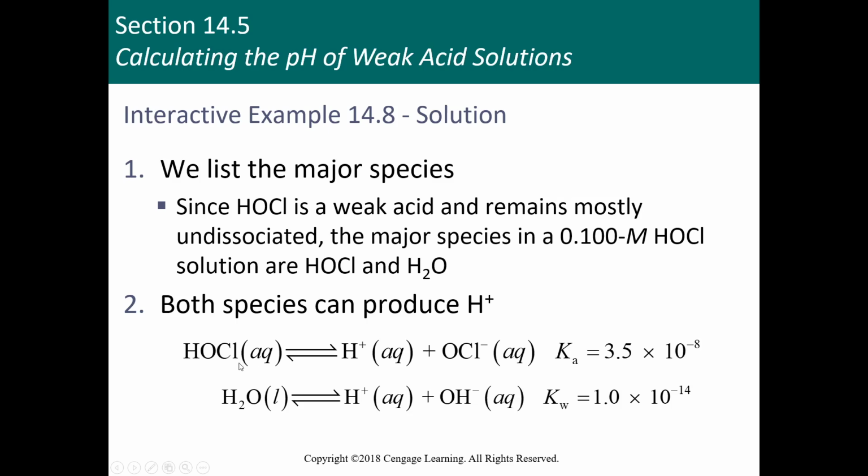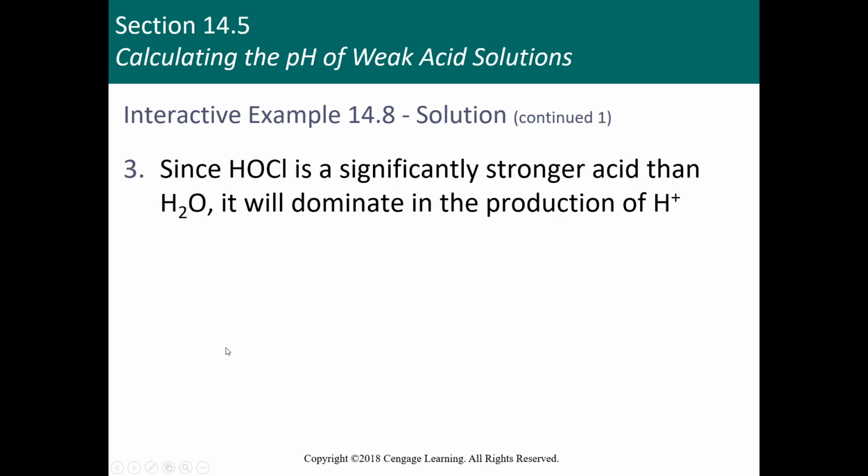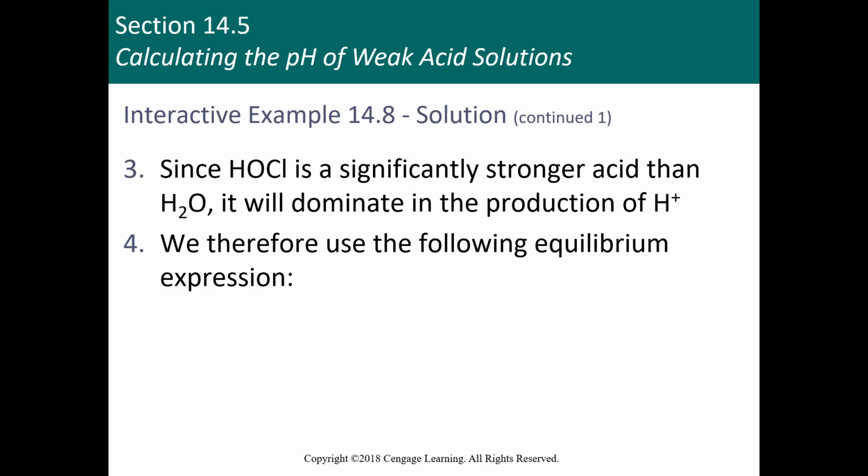Right here we have our HOCl, and its K is 3.5 times 10 to the negative 8. It's a much larger value for this acid dissociation versus water, which is 10 to the negative 14, a much smaller value. So this right here is our acid in this reaction. HOCl is a much stronger acid than H2O.